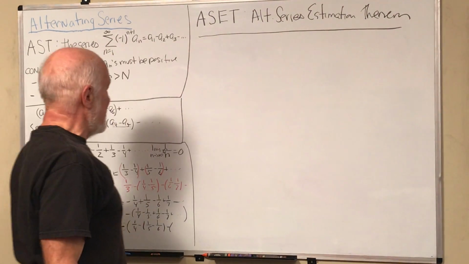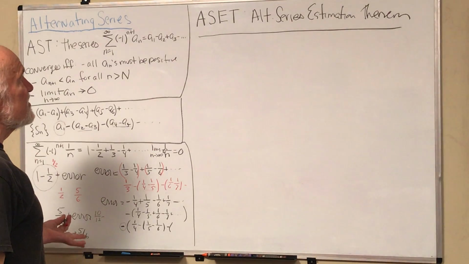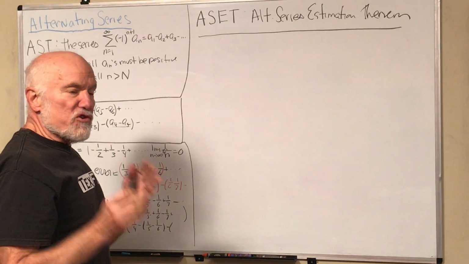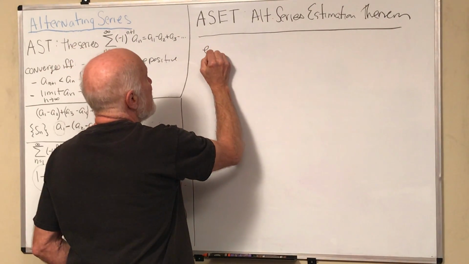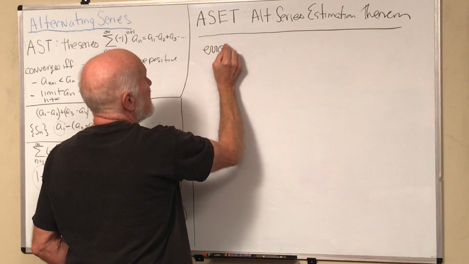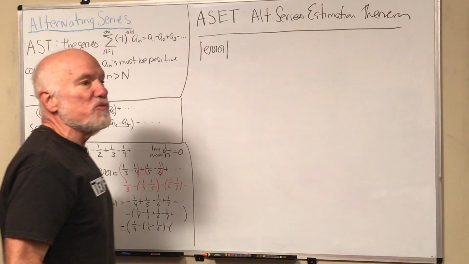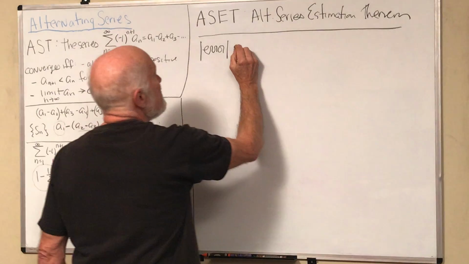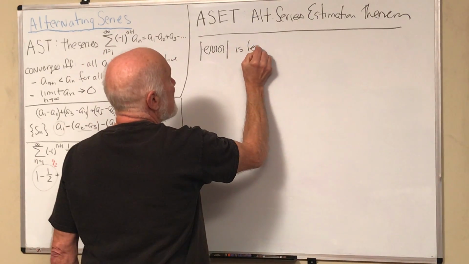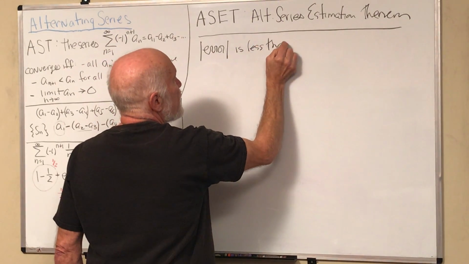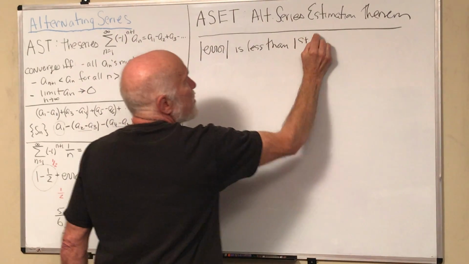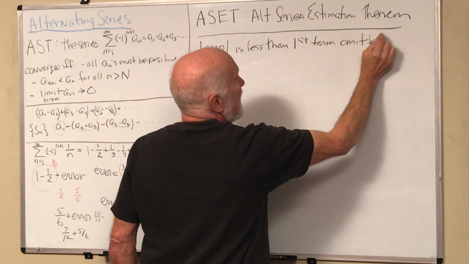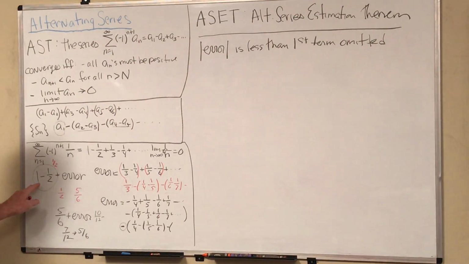And what it says is, if you have an alternating series and you stop after a certain number of terms, the error in absolute value, because we're more interested in just how big it is, is always going to be less than the first term omitted. I think you could see this in both of these.